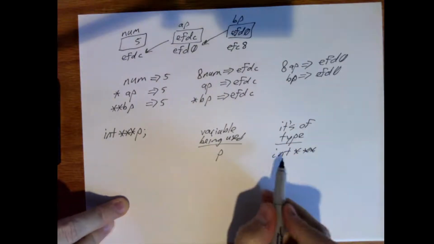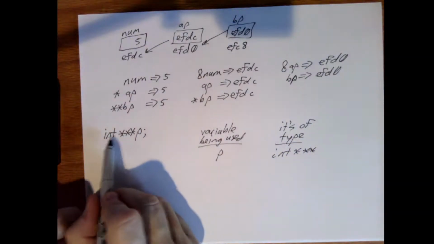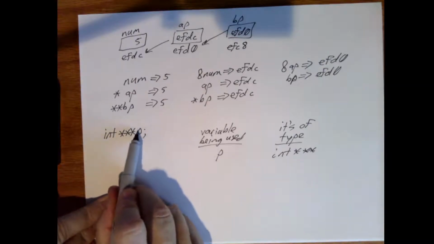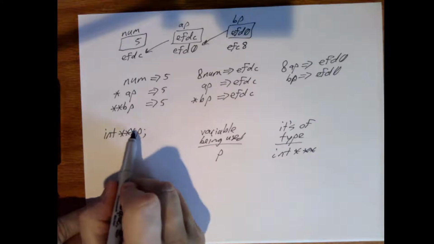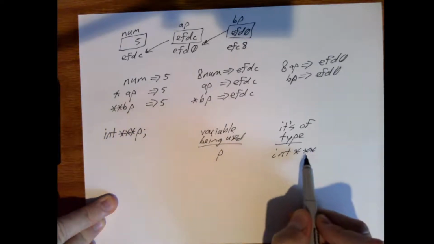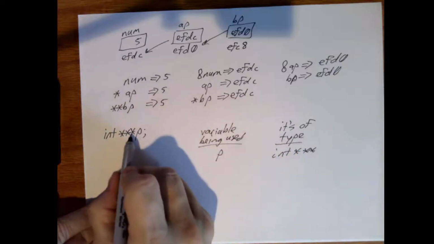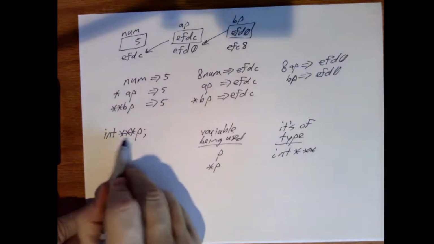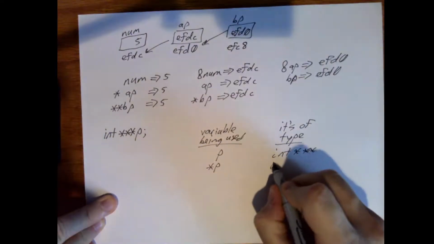And how do I know that? Let's come back over here and look at the variable declaration. When I wrote down just P, what remained to the left of that is int star star star, which is this. If I write down star P, which I could use in some places, what remains to the left? Int star star.